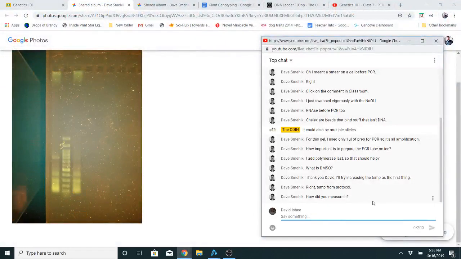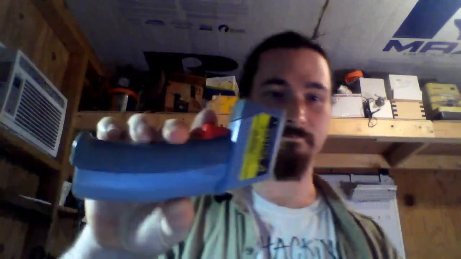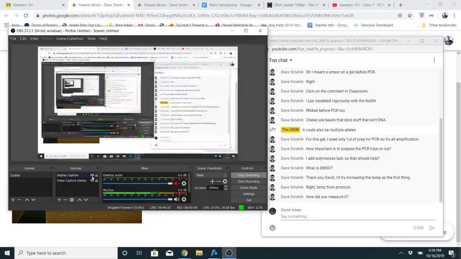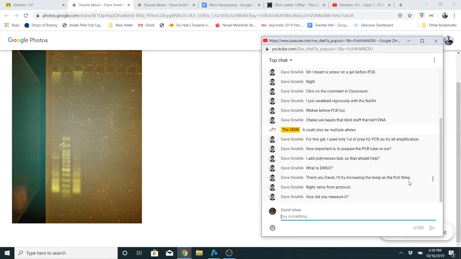Let's see. How did you measure it? I used a temperature gun. You probably can use a lot of different things, but I use this. I love this thing. It gives you a temperature readout. But you can measure it, I'm sure, with any decent thermometer.